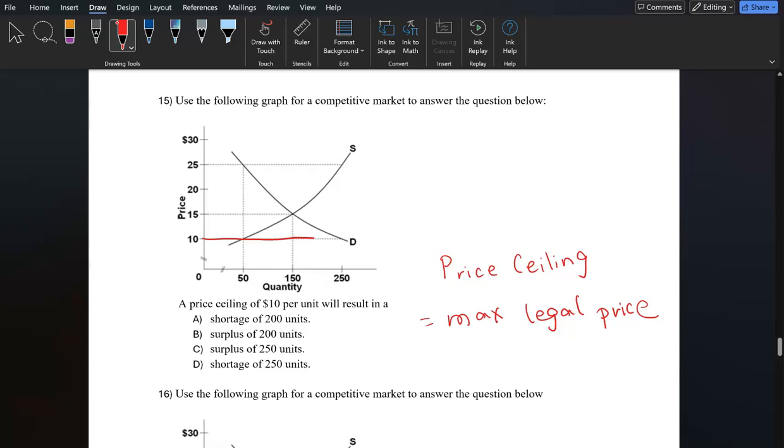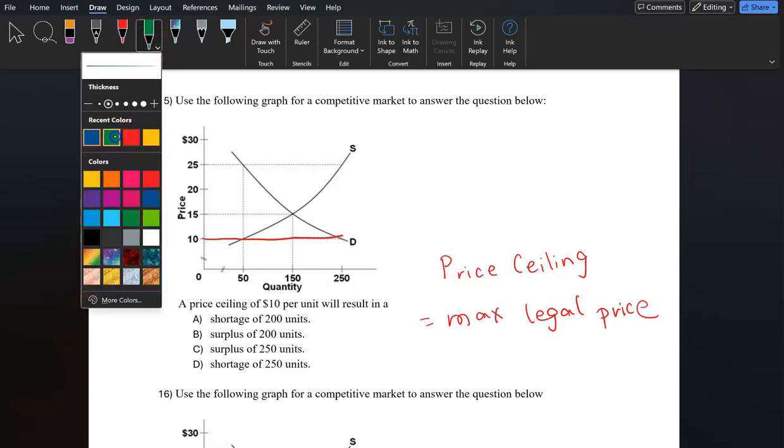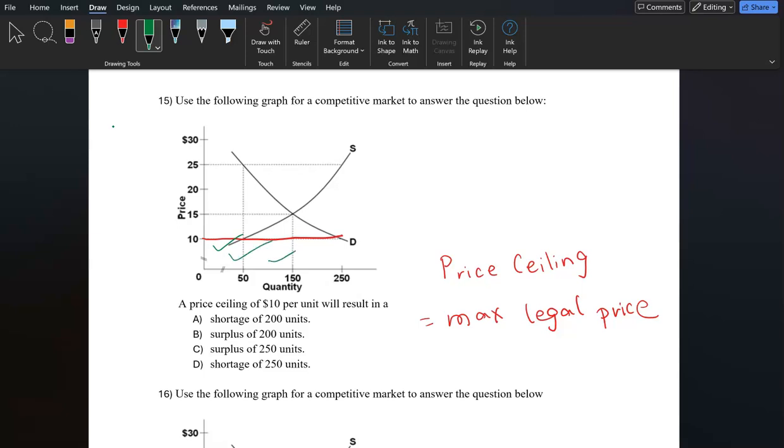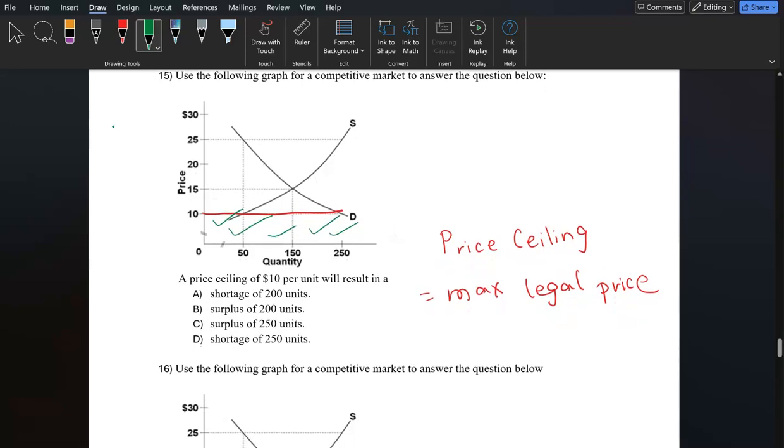Here, the price ceiling is $10. That means the price can be all the way to $10. So anything $10 and below $10 is legit. Anything above $10 is not allowed.